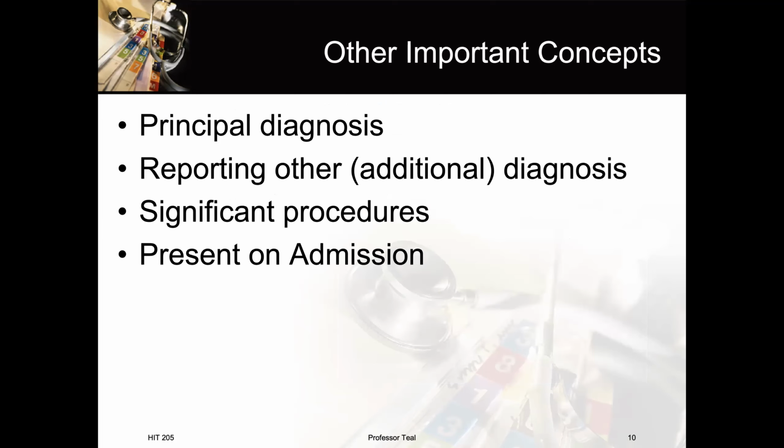So in the way of a definition, the principal diagnosis is defined in the Uniform Hospital Discharge Data Set, or UHDDS, as, quote, "that condition established after study to be chiefly responsible for occasioning the admission of the patient to the hospital for care," end quote.